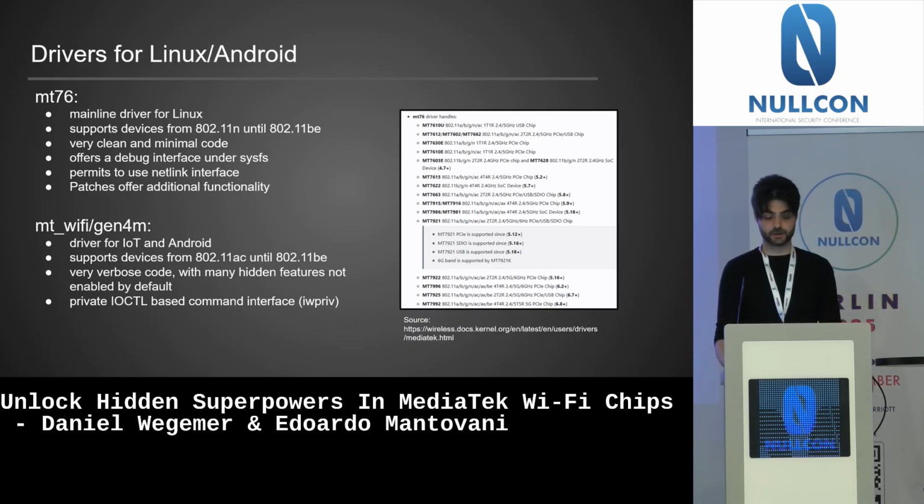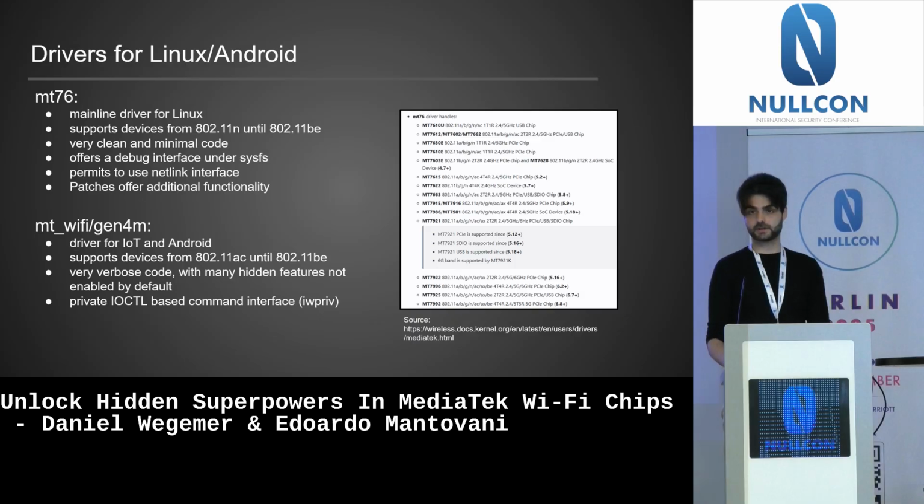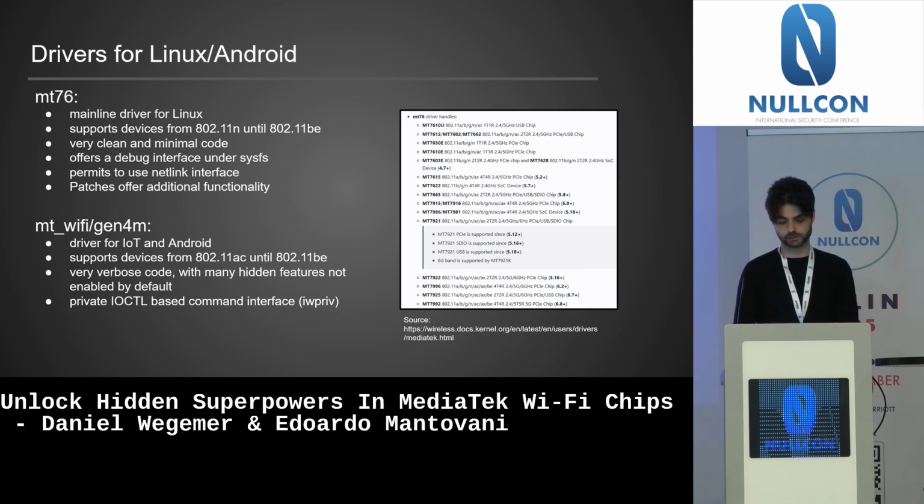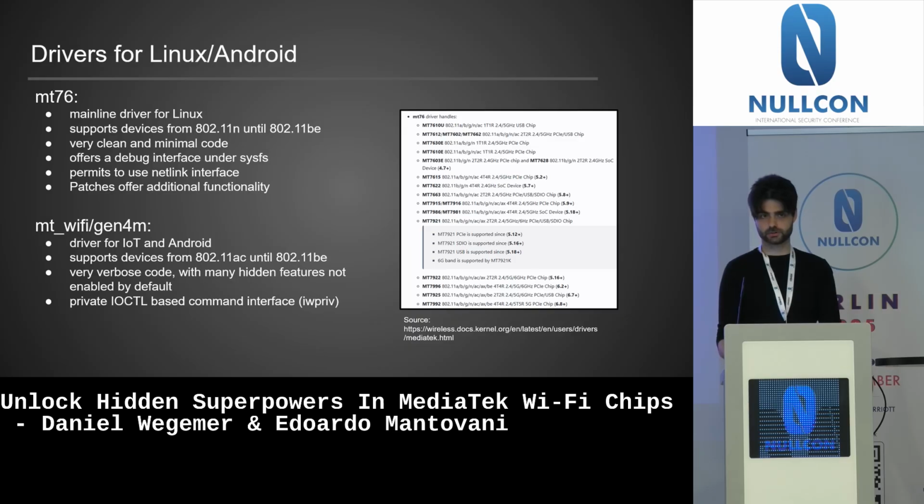Its code is very clean and minimal, and it offers a debugging interface under debugfs, so you can interact with the driver. You can also communicate with it over netlink, which is user space to kernel space driver communication, and it's also possible to enable some patches, but those are for OpenWRT, and as a result you get a better debugging experience.